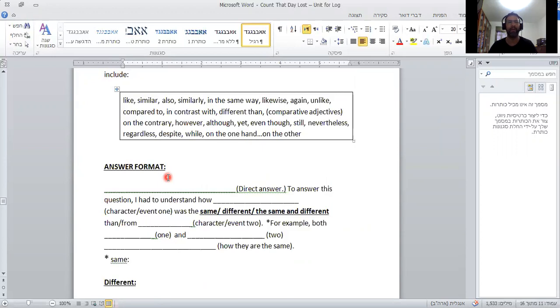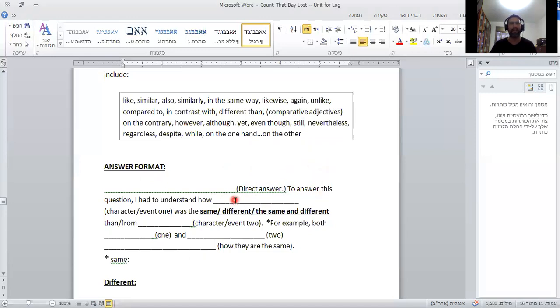Let's say we have a question: are an apple and a banana the same? If I want to say they're the same, the first thing I do is a direct answer, tshuva yeshira. An apple and a banana are the same in that they are fruit.